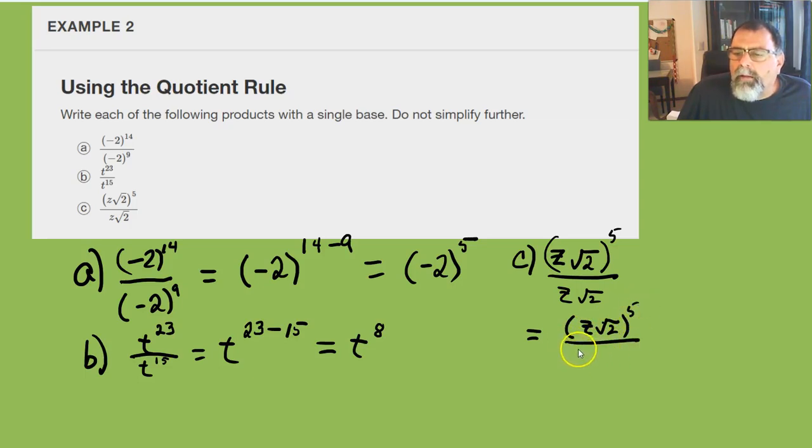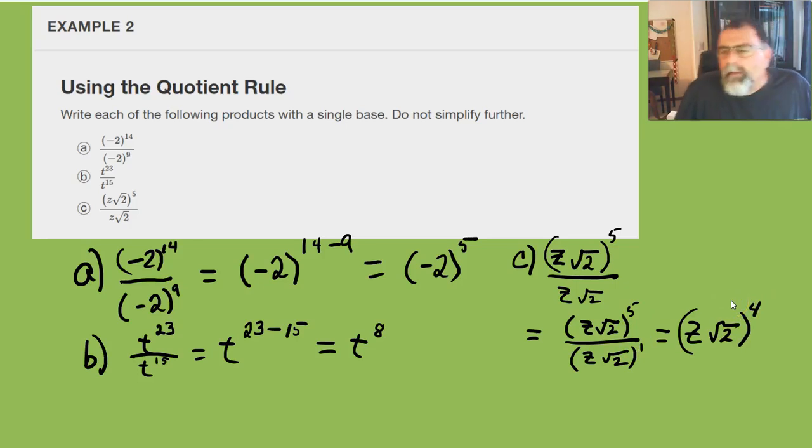And on the bottom, I can rewrite it as z square root of 2 to the 1st. And then 5 minus 1 would be z square root of 2 to the 4th. Oh, I didn't show that step. But again, once you get comfortable, you don't have to show that step.